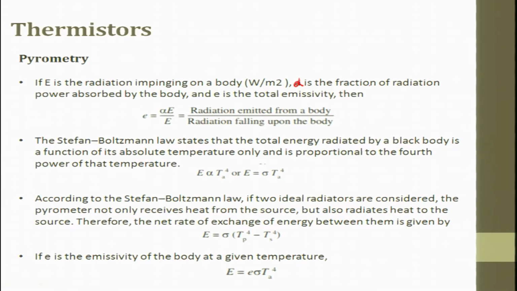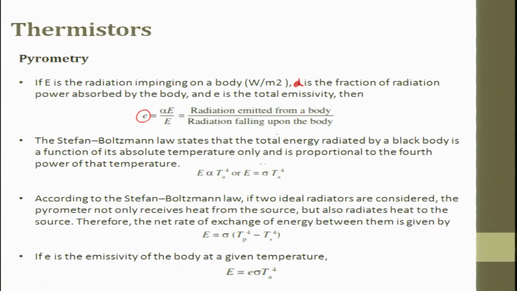Alpha is the fraction of the radiation power absorbed by the body, and E is the total emissivity. The emissivity is nowadays given in a standard calibration scale, or if you want to figure it out, it is alpha into E divided by E, radiation emitted from a body divided by radiation falling on the body.